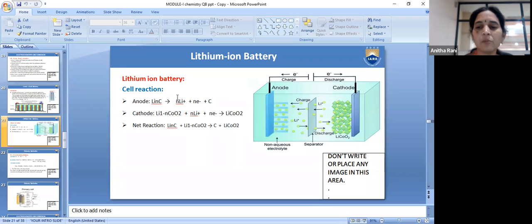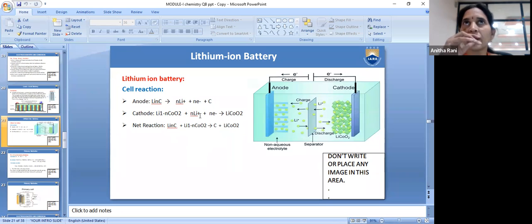The lithium ion flows from anode to cathode during discharging. Electrons are gained at the cathode, reducing it to lithium cobalt oxide. So this is the discharging reaction. The charging reaction will be the arrow mark the other way, on the left side.